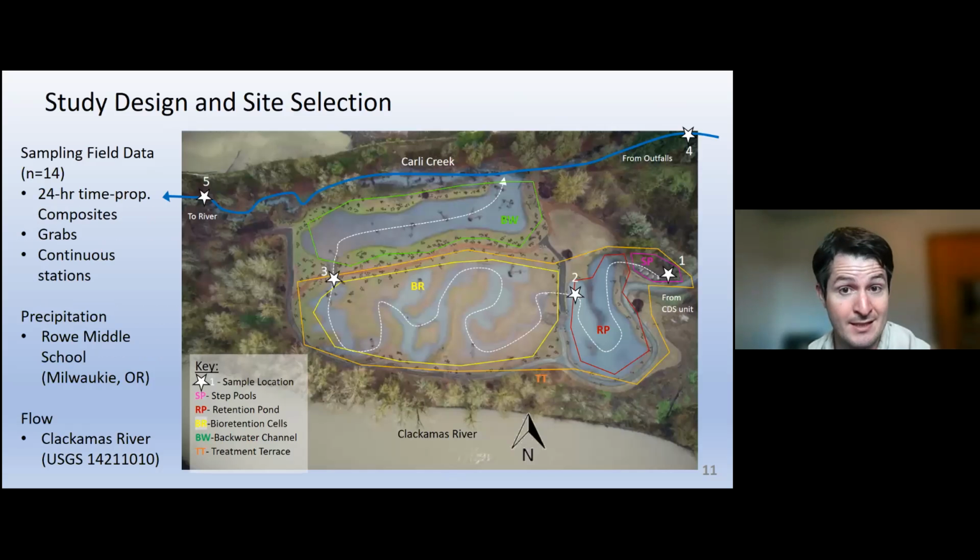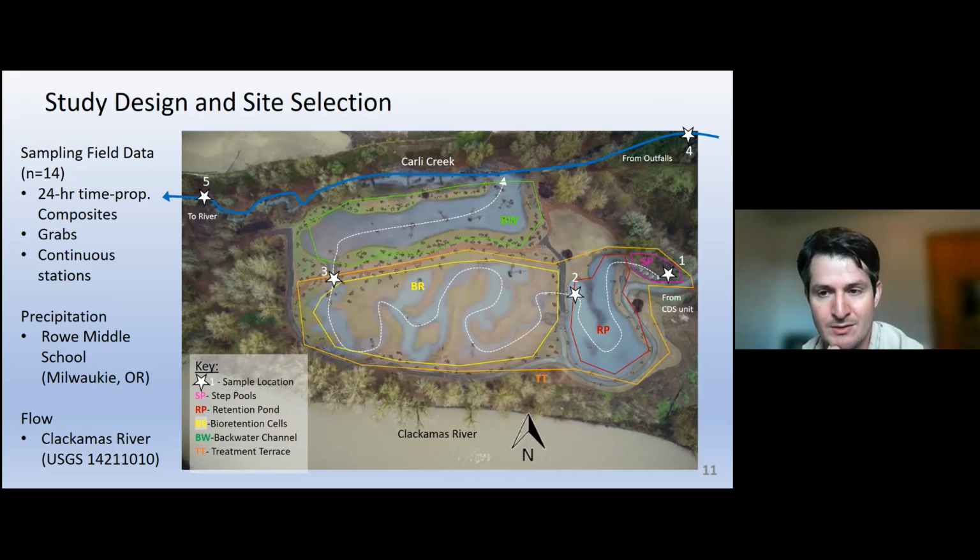So what was my study design to answer these questions? In order to balance resources and the time I had to do the monitoring, I chose 5 sites on the project and monitored 14 different events, using a combination of composite samples, grab samples, and some continuous stations at certain sites.